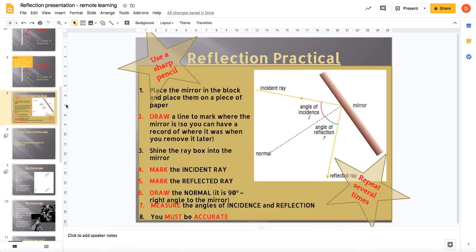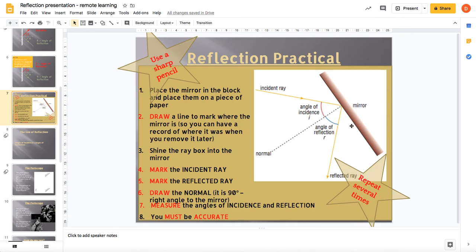Now, I've left this in here in case you want to have a go at doing it. You'll need a flat mirror. You'll need maybe a torch with a piece of paper over the front of it with a little slit cut in it to give you a nice fine beam. And you'll have to have a protractor to measure the angles and also to get your normal in the right place. If you can do that, that'd be great.